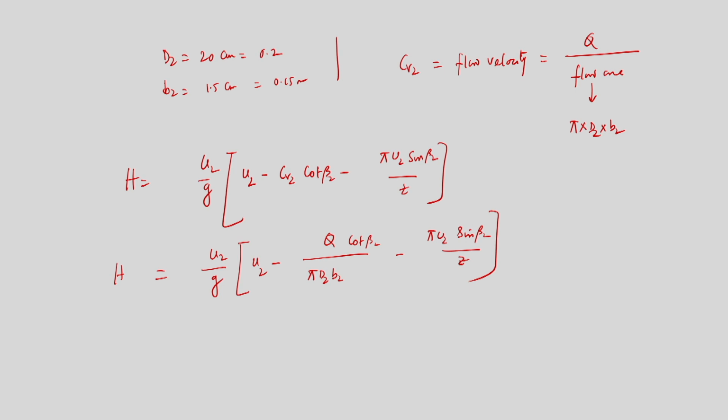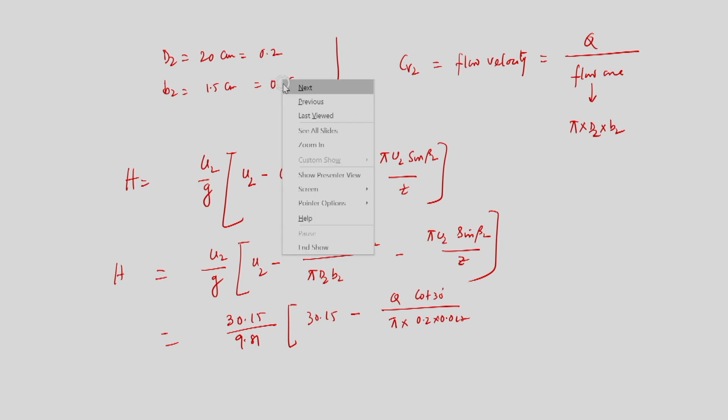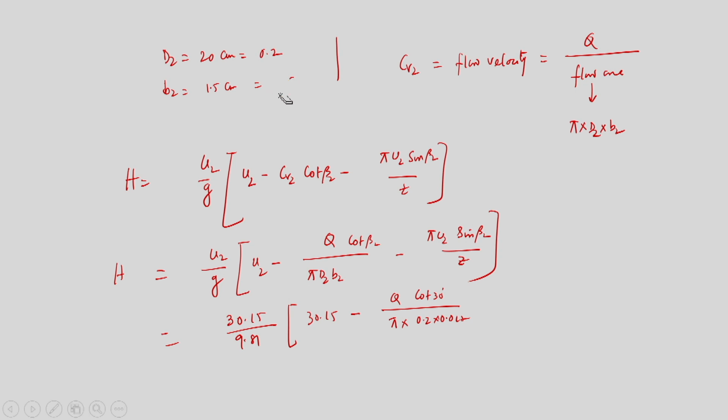So if I calculate this, I will obtain H equal to 30.15 divided by 9.81 into 30.15 minus Q into cot 30 degree divided by pi into 0.2 into 0.015 meter, minus pi into 30.15 sin 30 divided by 8.